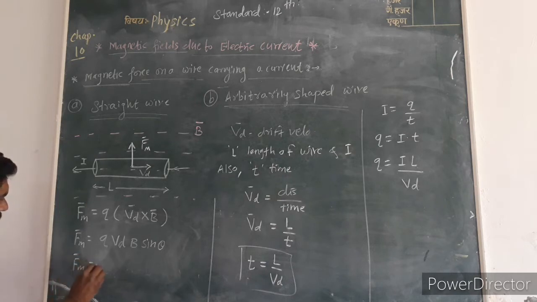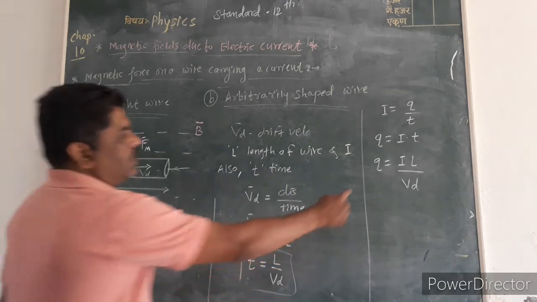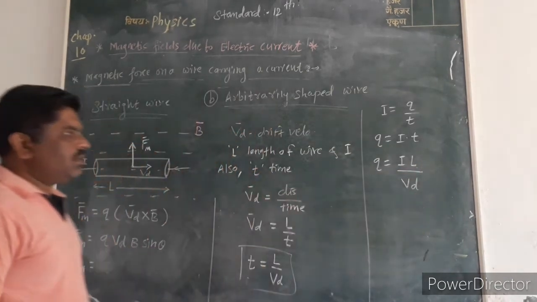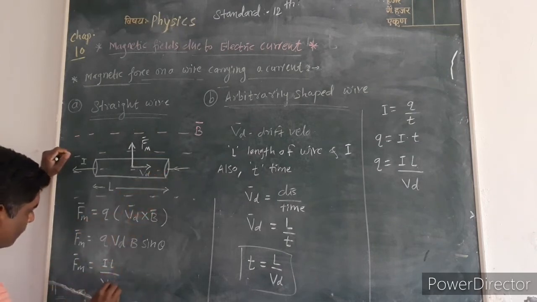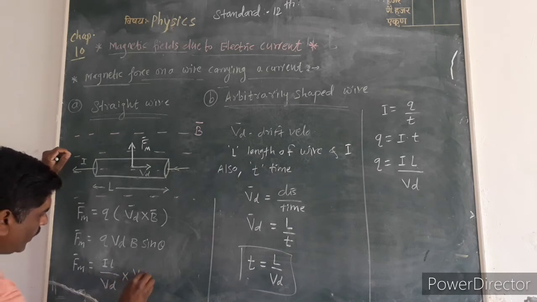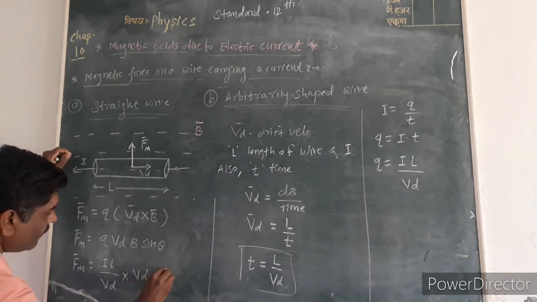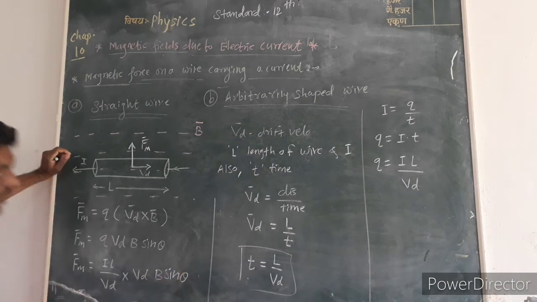Using the value of Q, I L upon Vd, instead of Q we put I L upon Vd into Vd B sin theta.